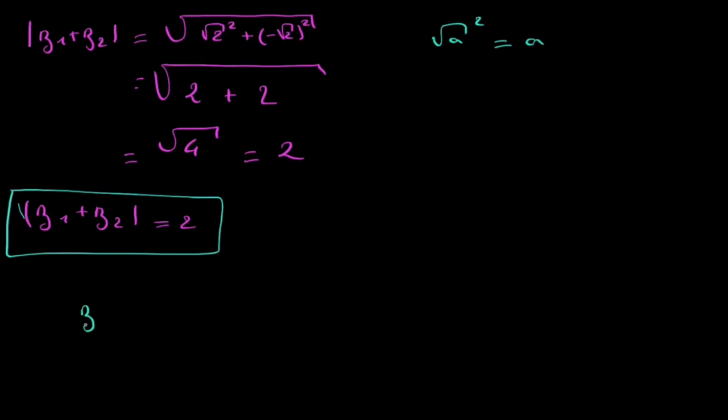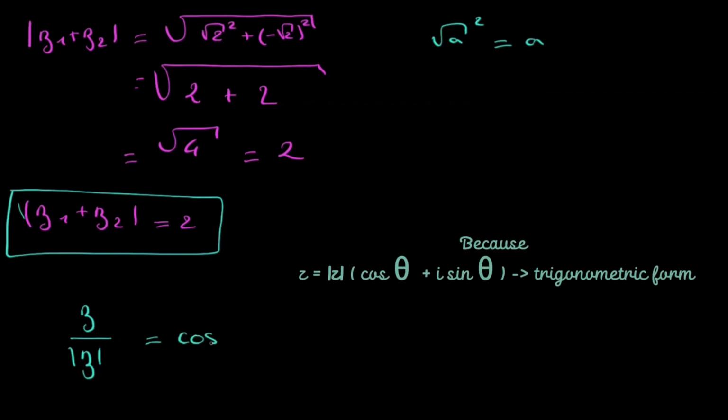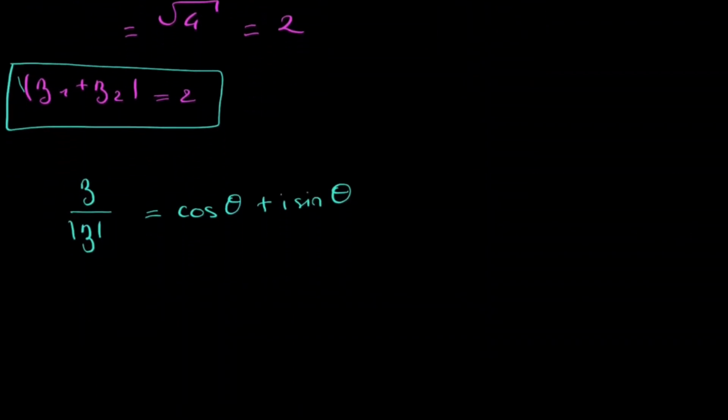So the modulus of z1 plus z2 equal 2. For the argument, we know that z over the modulus of z equal cos theta plus i sin theta. And by identification, we can recognize here a and here b.